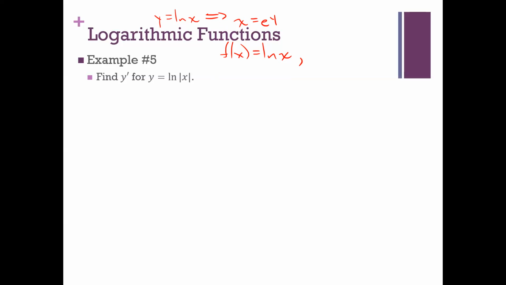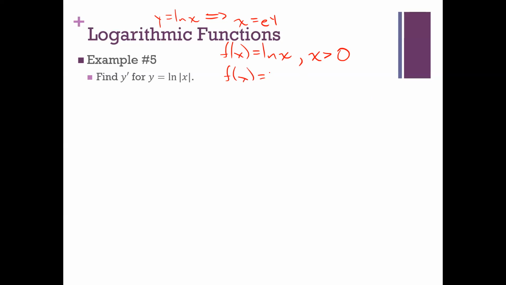If I take a positive number e and raise it to any power you want, what kinds of values will you never get for x? You'll never get negatives, because it'll always stay above 0. It'll always be positive. So because of that, the natural log function has a domain of positive numbers, right? But that's not what we have.